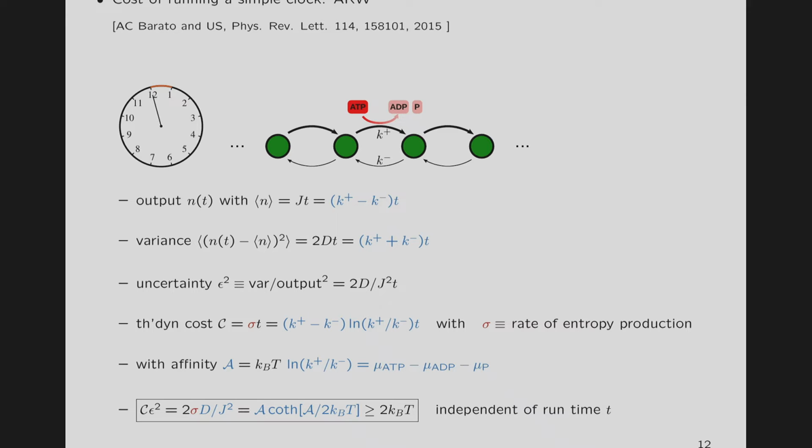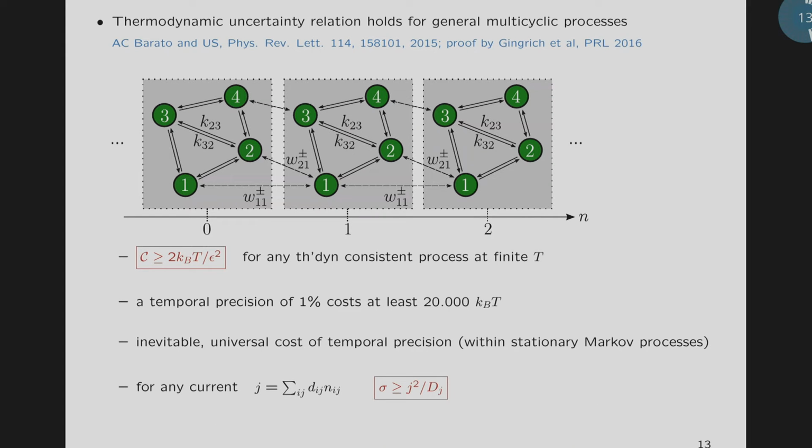Now, the real surprise is that this will work not only for the asymmetric random walk, but even for a Swiss watch, where you have error corrections, epicycles, whatever. So you build an arbitrary network of states with transitions between those.